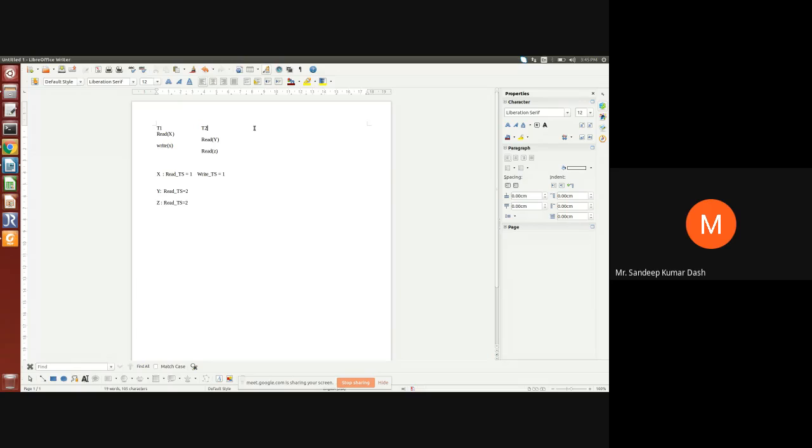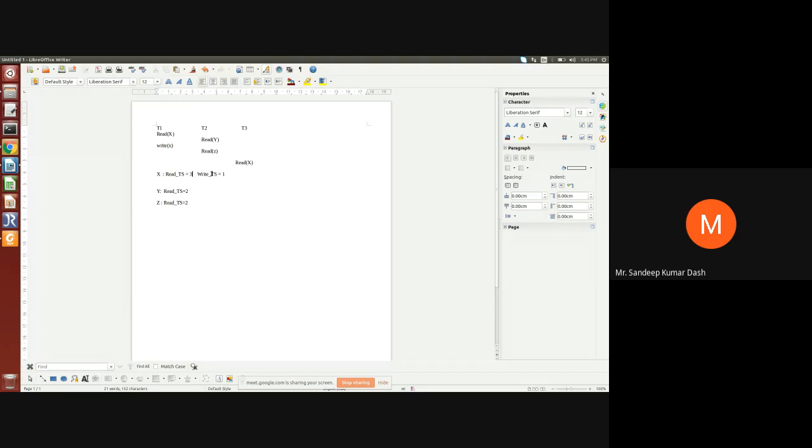Suppose in the meantime another transaction T3 comes. It is reading the data item X again. So at clock cycle 6, the read timestamp of X will be set to 3. The write timestamp will still be 1 because T1 wrote it last. Whoever has read or written it last, as per their timestamp, it will be set.